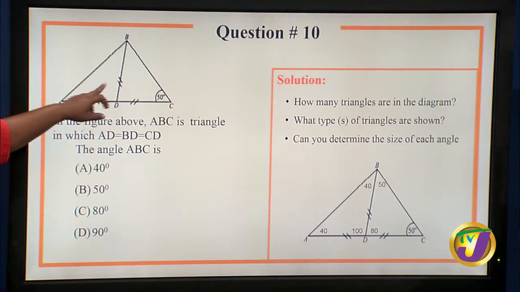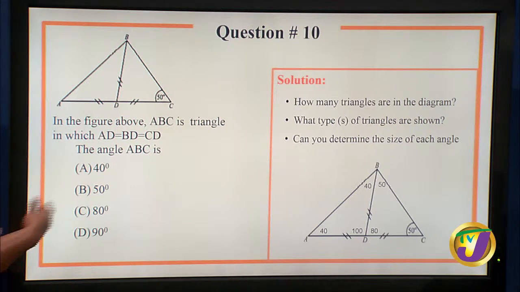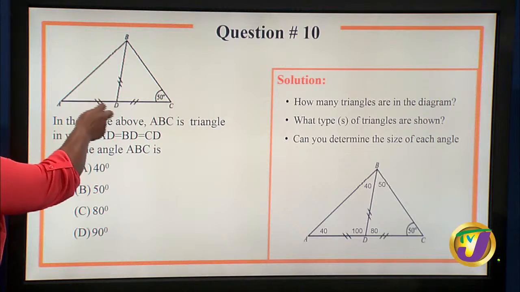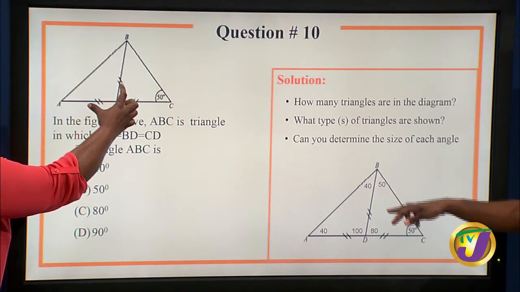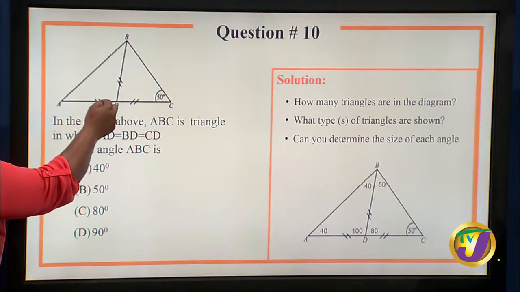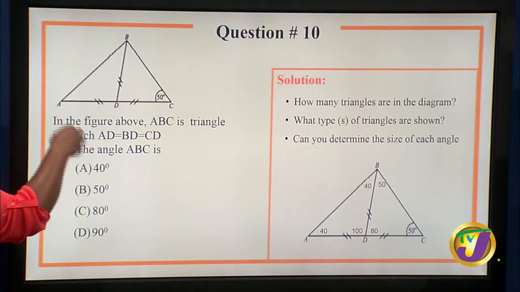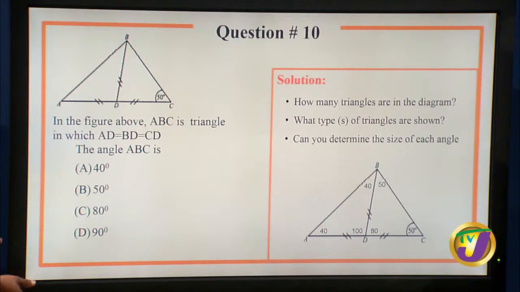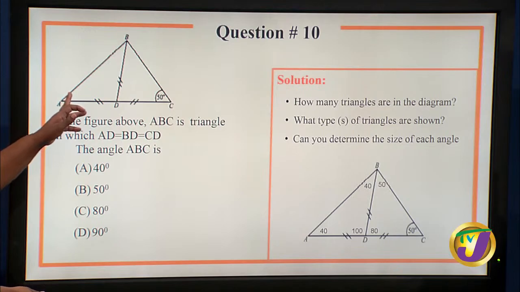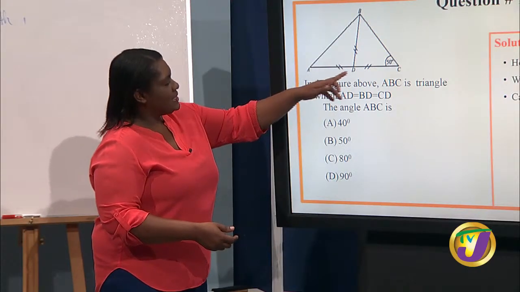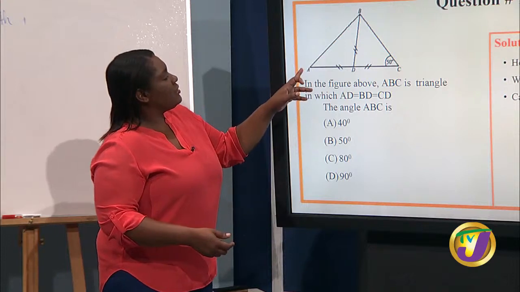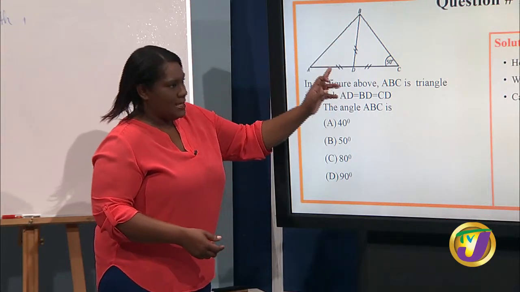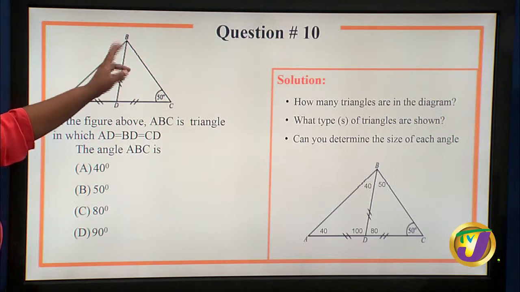Now, if we know that this angle here is 100 degrees, and we can identify that these 2 sides are equal, the base angles would be equal. So it's 100 from 180, divided by 2. That would give us 40 degrees here at DAB, and 40 degrees at ABD.